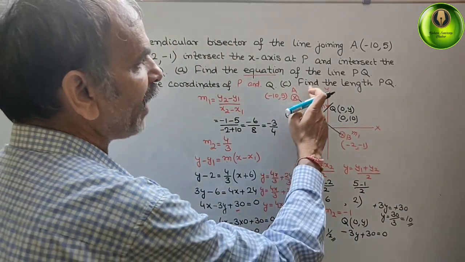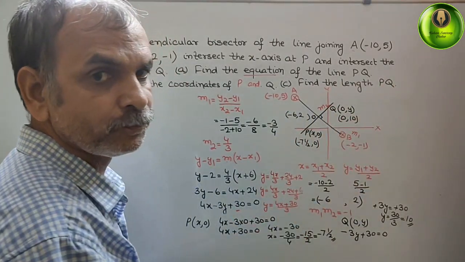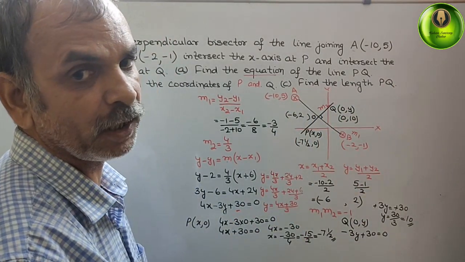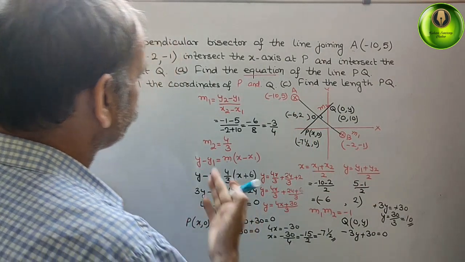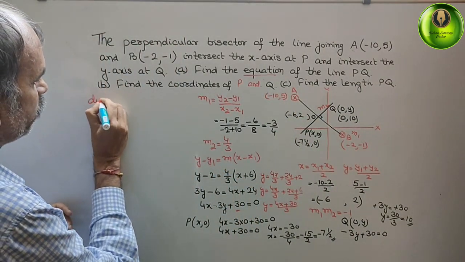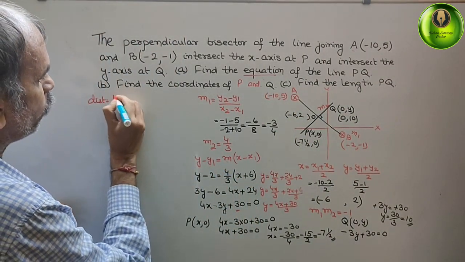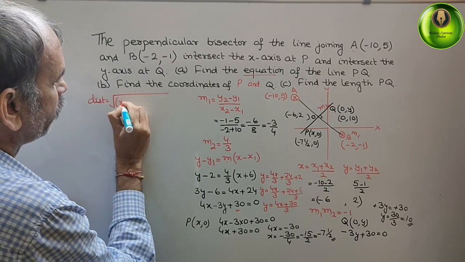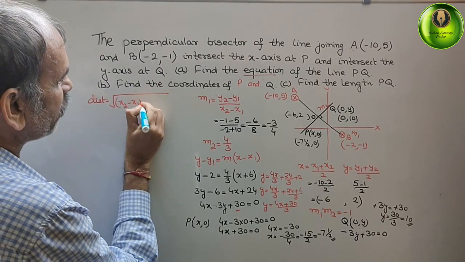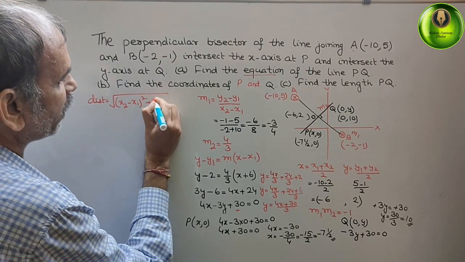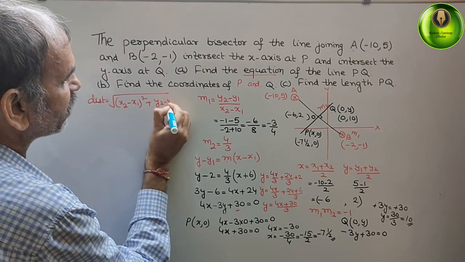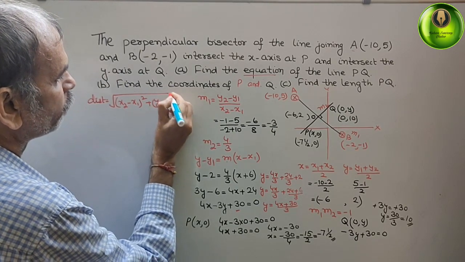Now next, find the length of PQ. By the distance formula, distance is equal to root over x2 minus x1 whole square plus y2 minus y1 whole square.